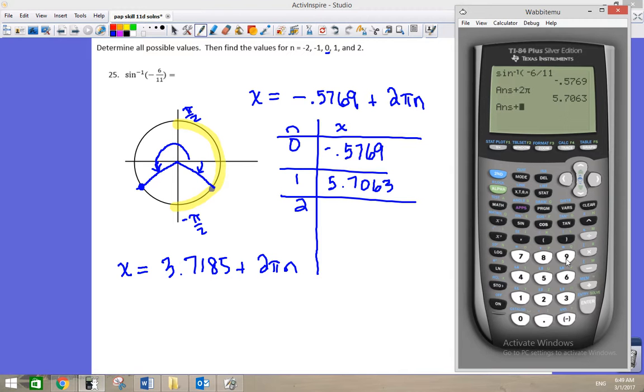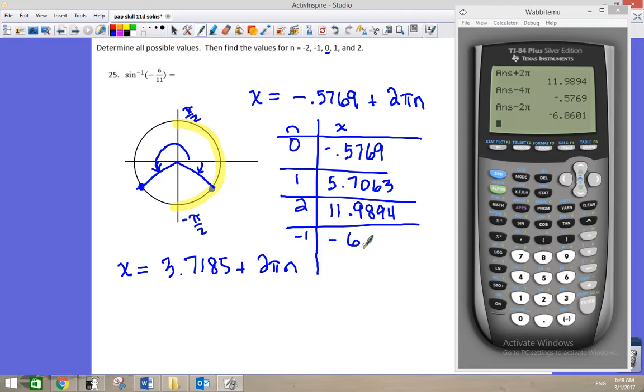If n is 2, if I go back to my 0, if I let this be -1, so if I subtract 2 pi, subtract another 2 pi.